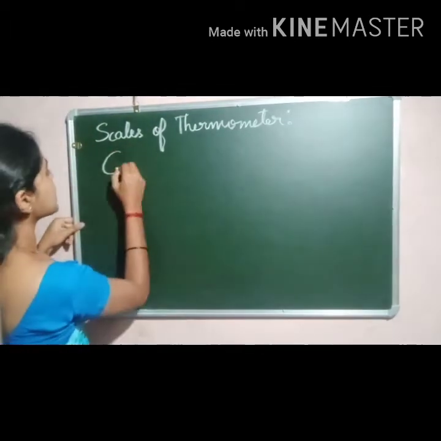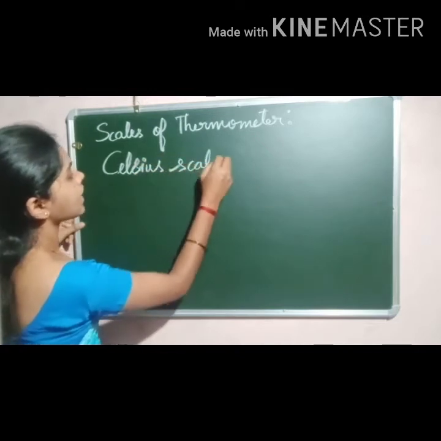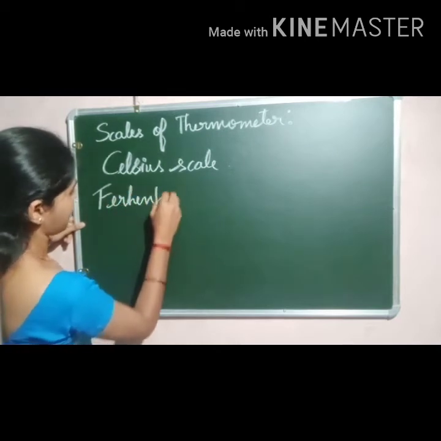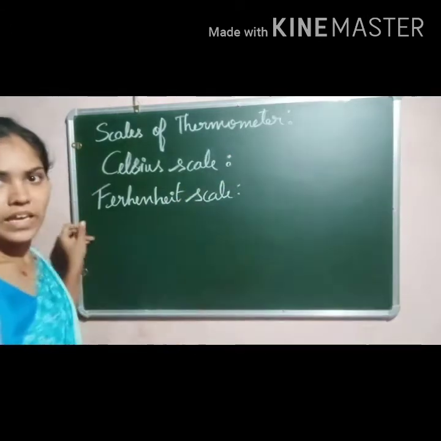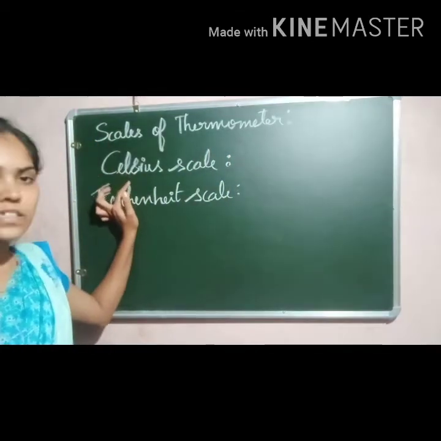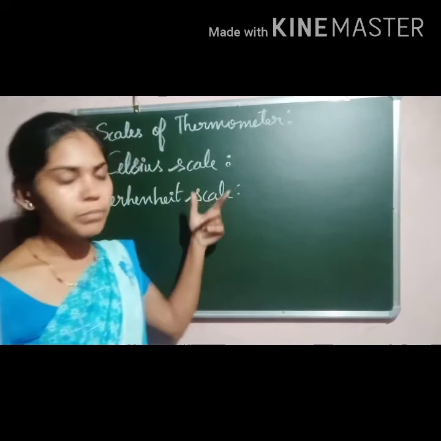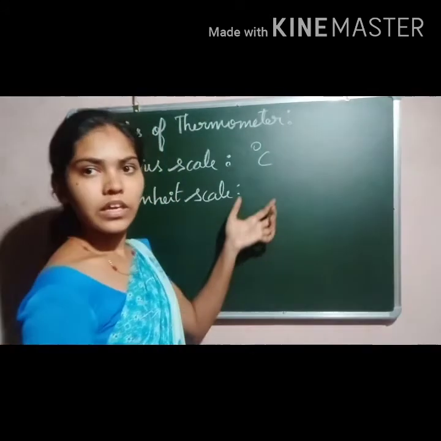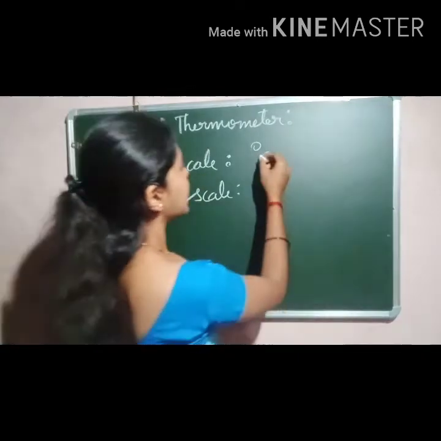One is the Celsius scale and another one is the Fahrenheit scale. These are the two types of scale to measure the temperature of an object. The unit of measuring the temperature is degree Celsius.